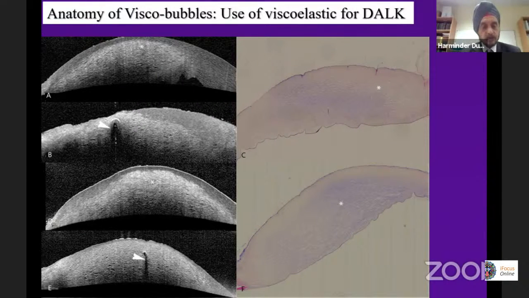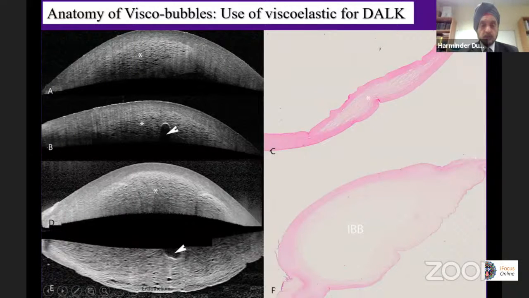Now, if your visco needle is injected closer to the surface where the stroma is very compact, you get diffuse spread of viscoelastic, and that OCT shows you the needle point very near the surface. You don't get a bubble. If you go to the mid-stroma and you put your viscoelastic, you get an intrastromal big bubble, IBB.